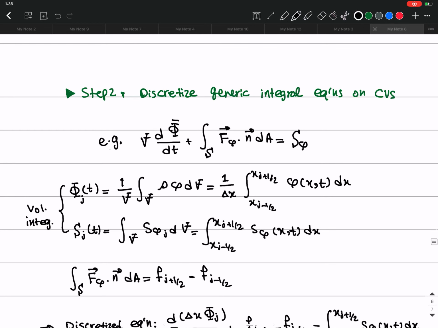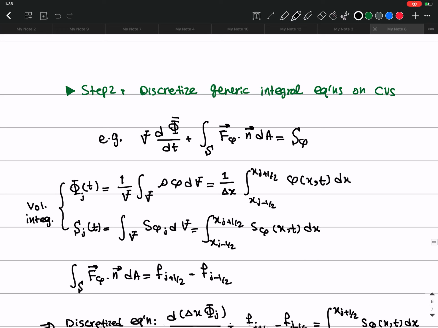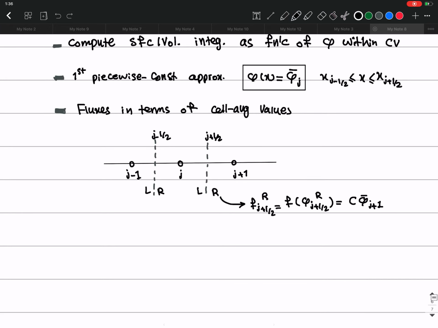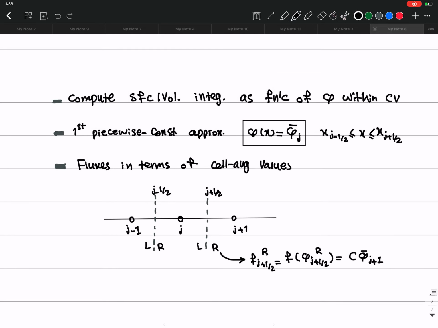Right? Because this is the integral I have: F of phi dot n dA equals this term, and this is going to be the flux in the integral form. It's going to be c phi. Okay? So this is going to be c phi bar j plus 1.